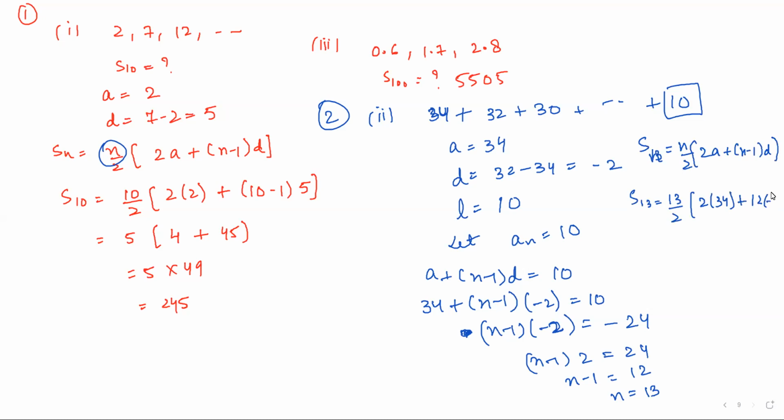So you can solve it. Understood? So in all the parts, first of all you will find n like this, and then you will be able to find the sum.